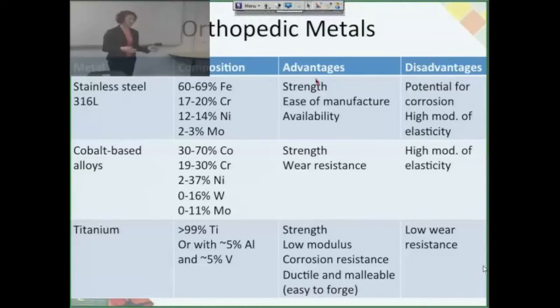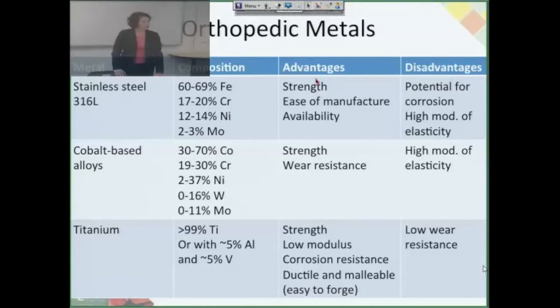And titanium is actually often used in a pure form. So in terms of advantages of all of the metals is going to be strength, and that it takes a lot to make them break. And a lot of times they're not too difficult to manufacture, especially for stainless steel and titanium, because they're ductile and malleable, especially at high temperatures, so you can forge them into the shape of the implant that you want.